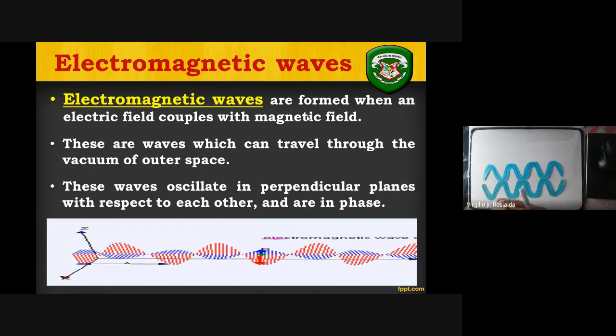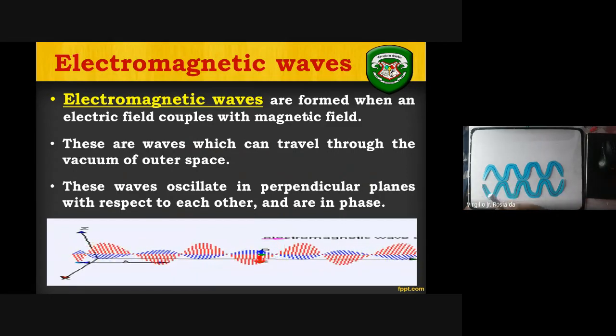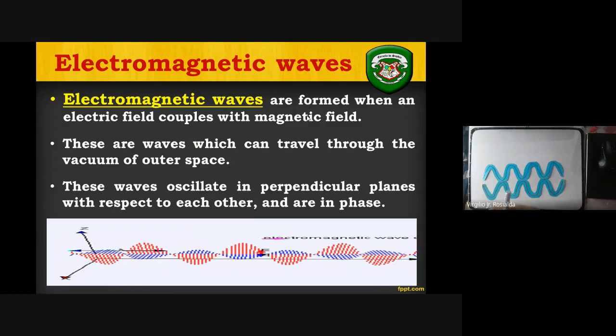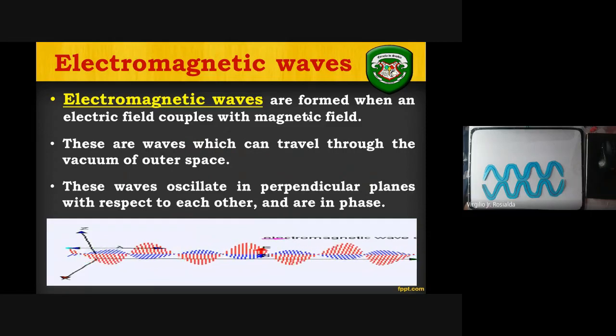They use electromagnetic waves to do that because it does not require a medium at all and it can travel through a vacuum, which is known as outer space. Alam naman natin sa outer space, wala talagang air particles. Little to no air particles ang meron tayo doon. So technically, sound cannot travel sa outer space natin because sound, as we said, is a mechanical wave and requires a medium for it to propagate.